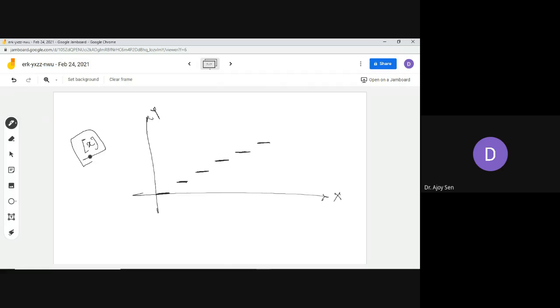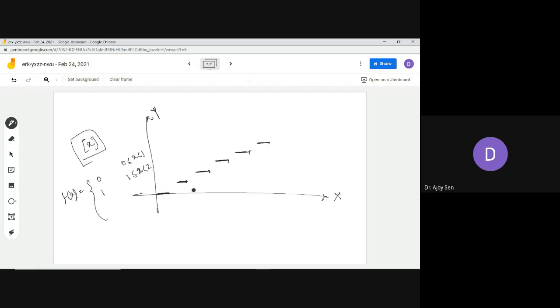If you try to draw the function, then you have to expand it like this. So what is the value of box x? Whenever x lies between 0 and 1, the value is 0. Whenever x lies here, the value is 1. So actually the right hand sides are not included.